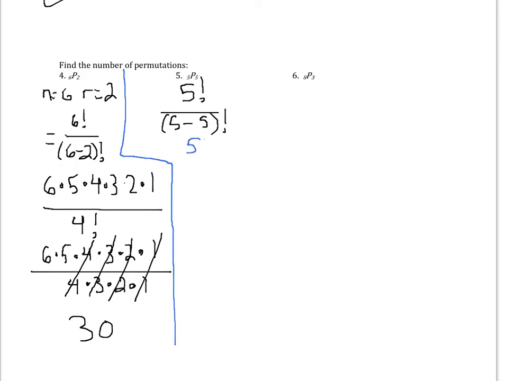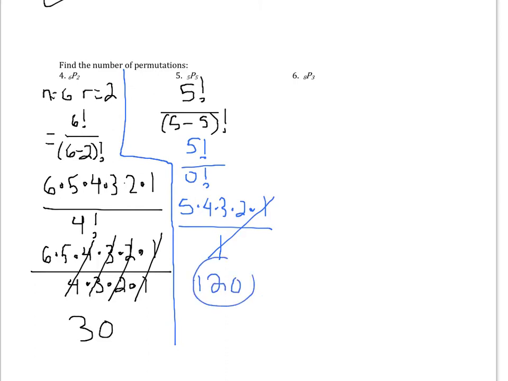So you'd have 5 factorial over 0 factorial. 5 factorial is 5 times 4 times 3 times 2 times 1, and 0 factorial is 1. So just multiply, the ones cancel out. 5 times 4 is 20, times 3 is 60, times 2, 120. Big thing that we need to remember: 0 factorial equals 1.